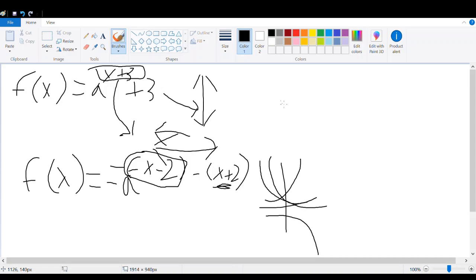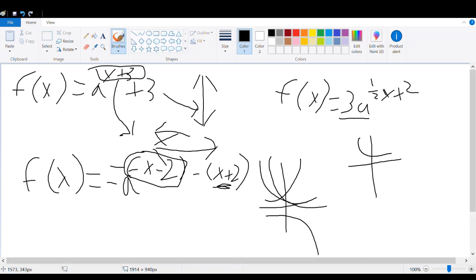And there's one more thing. If we have f of x, it'll be a scale factor, 3a to the 1/3, 1/2, I guess, x plus 2. And then, once again, if the scale factor is on the outside of the exponent, like this, in front of the base, it'll go from this. All the y values will be multiplied by 3, which means it'll stretch upwards.